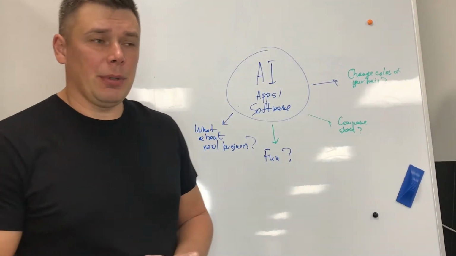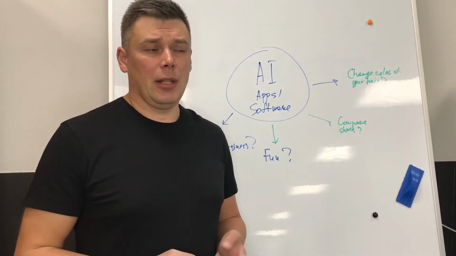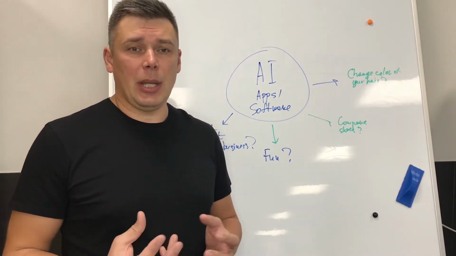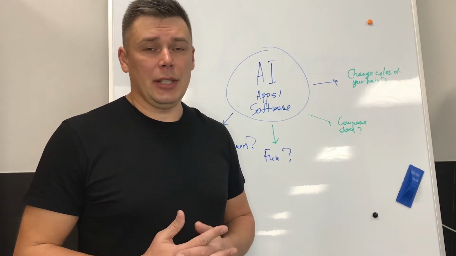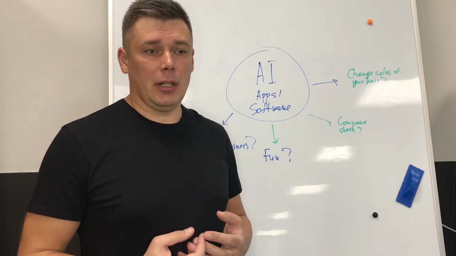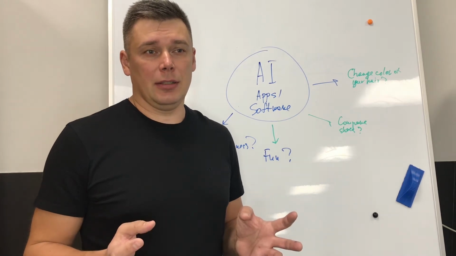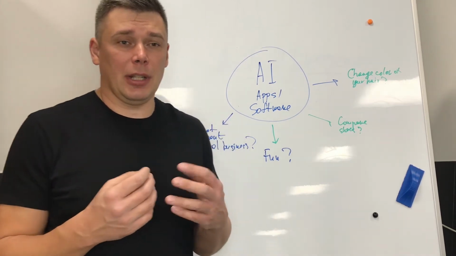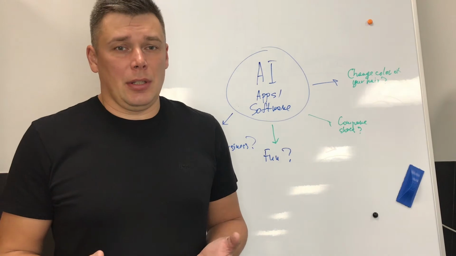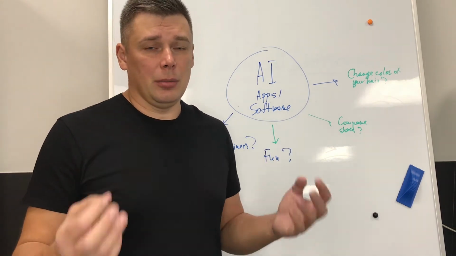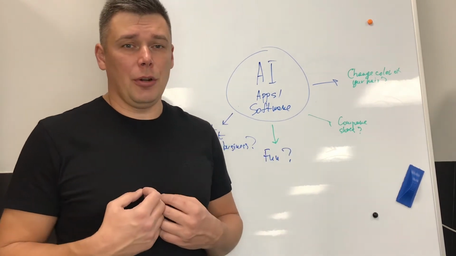Why do we have this series and why have we selected this subject at all? We see a huge amount of questions from our clients, something like: why do we need this artificial intelligence? We hear a lot about this, but how do we use it?